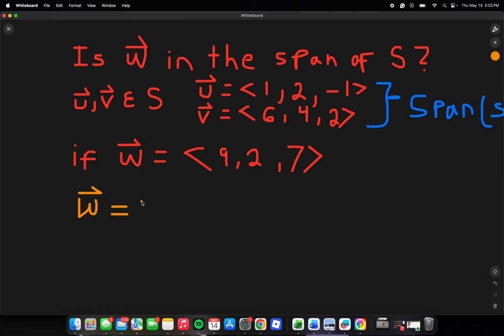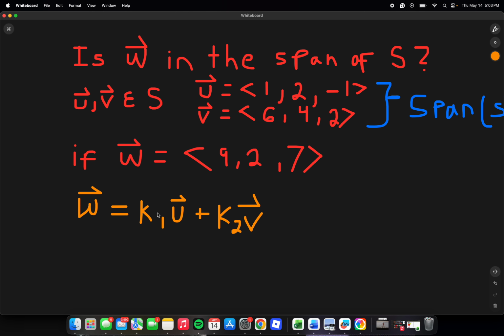To show this, we're going to define a variable k1 and multiply it by u, and then we're going to add it to v with another coefficient k2. So we could imagine maybe we need to go out positive in the u direction, so k1 could be positive, but k2 could then be maybe negative, where we go backwards to recorrect and get to w. So it's just basic vector addition and subtraction if you think about it.